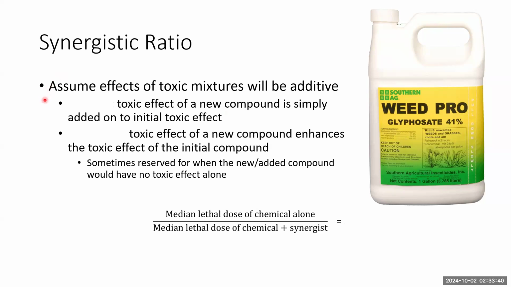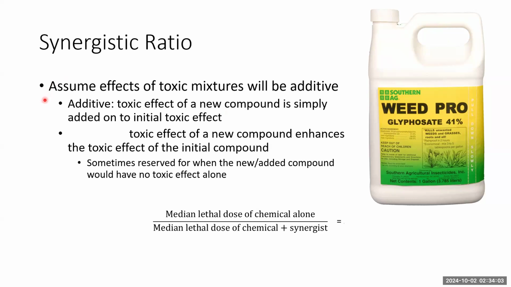And what we are counseled to assume is that these toxic mixtures will have an additive effect. When there is more than one toxic compound together in a mixture, the baseline effect that we should assume is that each of those toxic compounds will provide an additive effect.